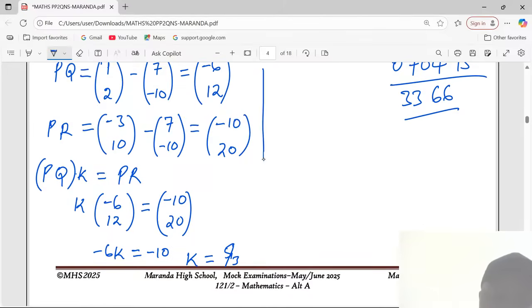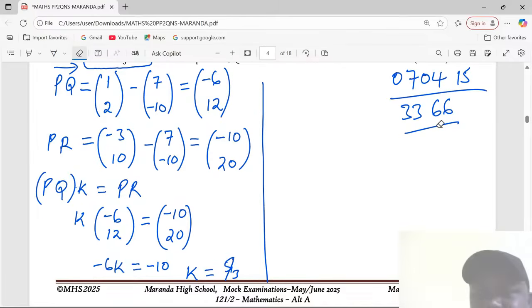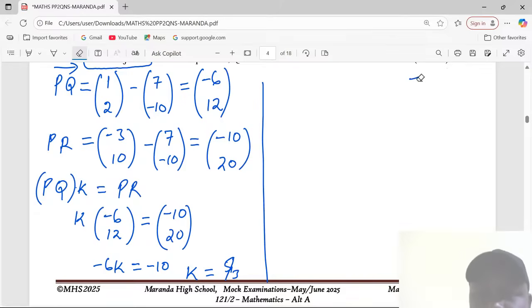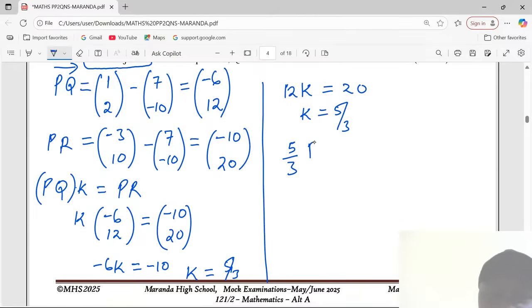Then using the y component, we can still confirm the same constant. 12k equals 20, so k equals 20/12, which is 5/3. So we can conclude that 5/3 vector PQ is equal to vector PR.